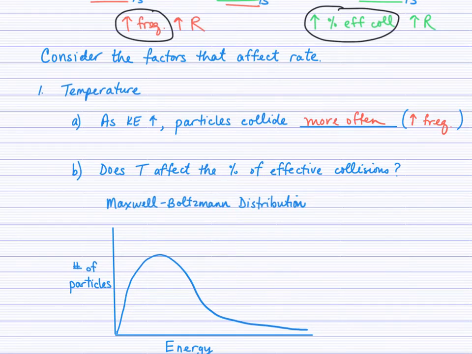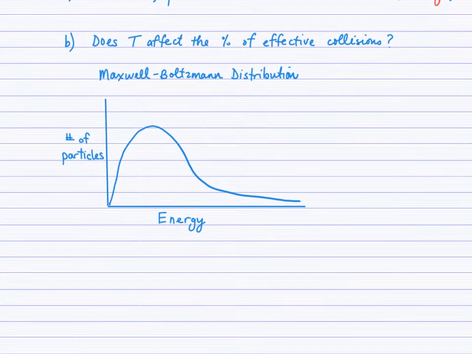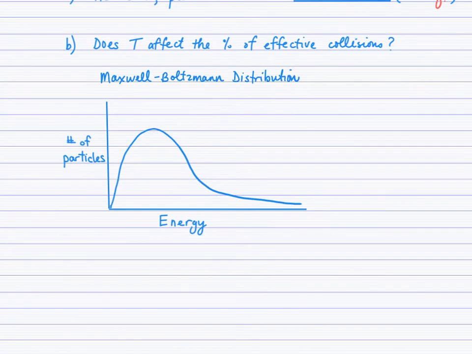Now, let's consider whether it affects the percent of effective collisions. And here's where we need to understand this idea of the Maxwell-Boltzmann distribution. And really it's just a pictorial representation of exactly what we would model as a group of students in the classroom.